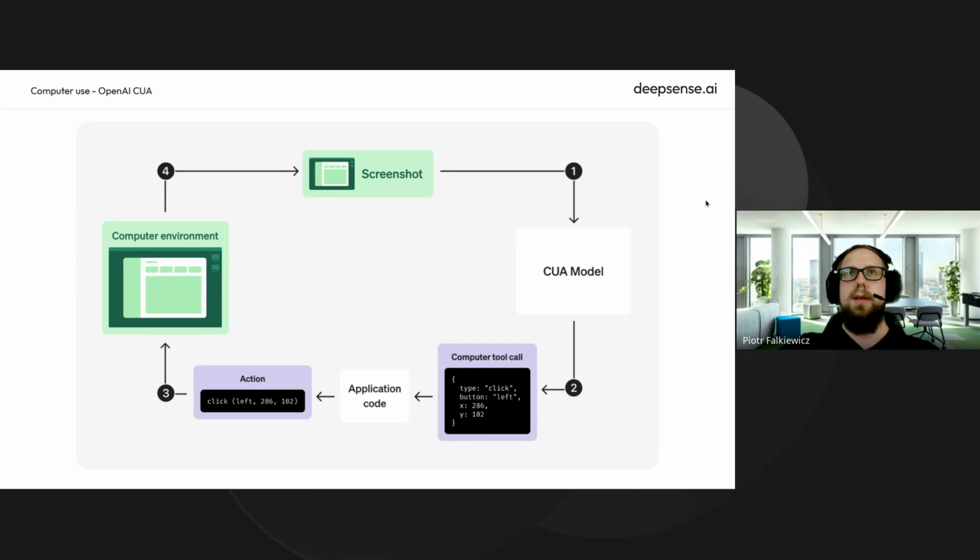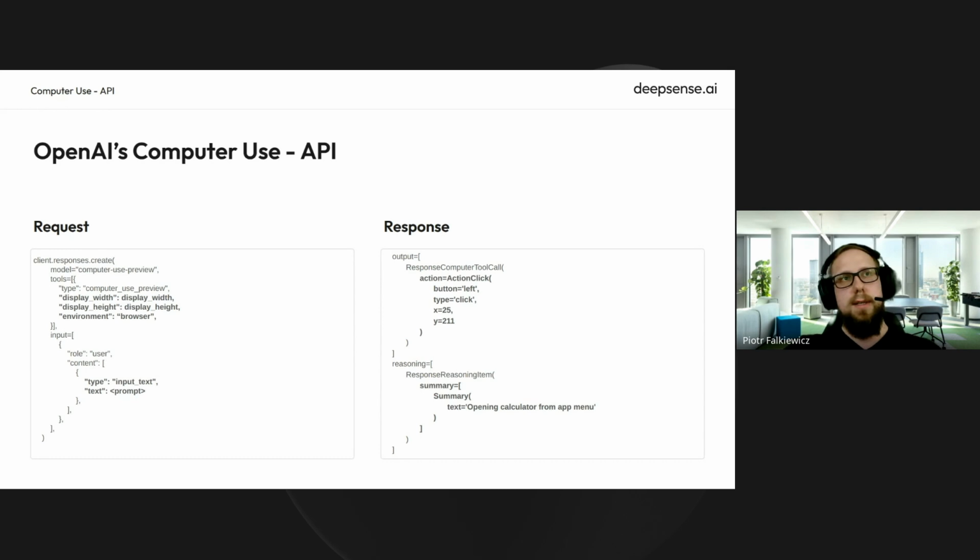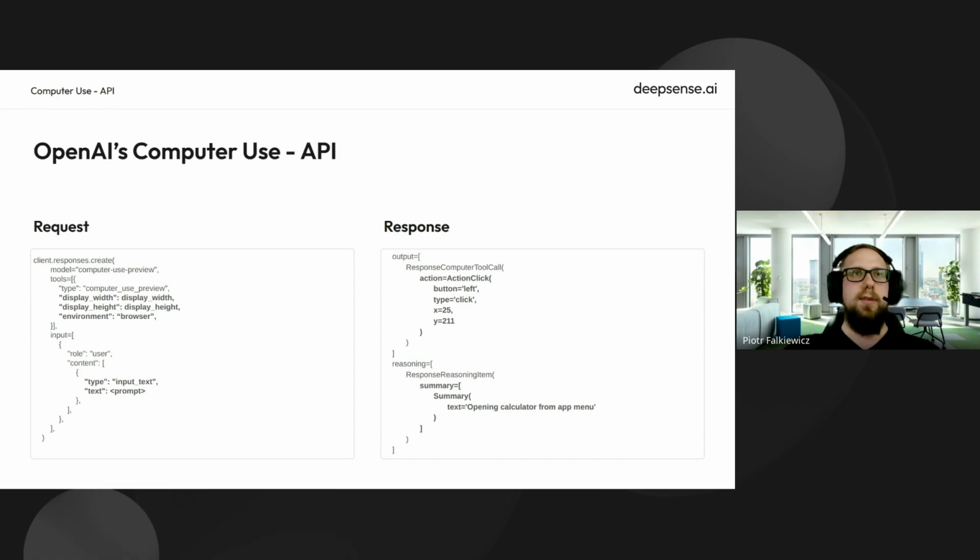In terms of how it looks, on the left you can see this request. What is important is that those are very similar to standard OpenAI API requests and responses. You can see that we have to think about our environment, about the display width and height, the resolution. Environment can be browser, but can be also Mac, Ubuntu, and Windows.